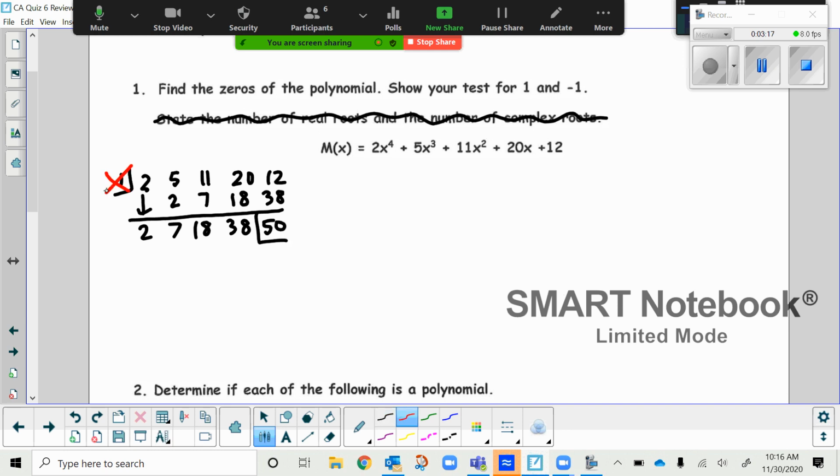So now let's try -1. I'm going to do my synthetic division quietly so that you can do yours uninterrupted. And then we'll compare.